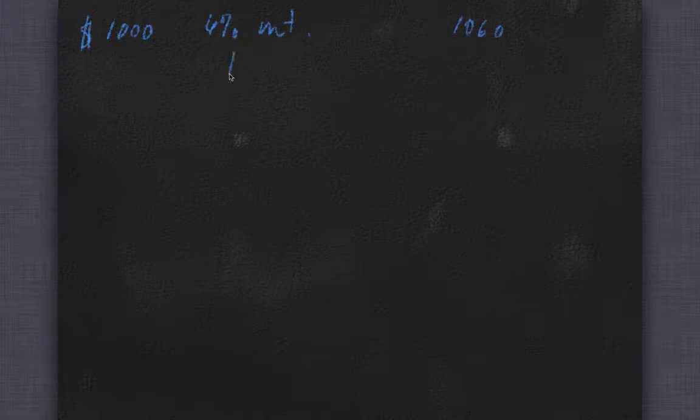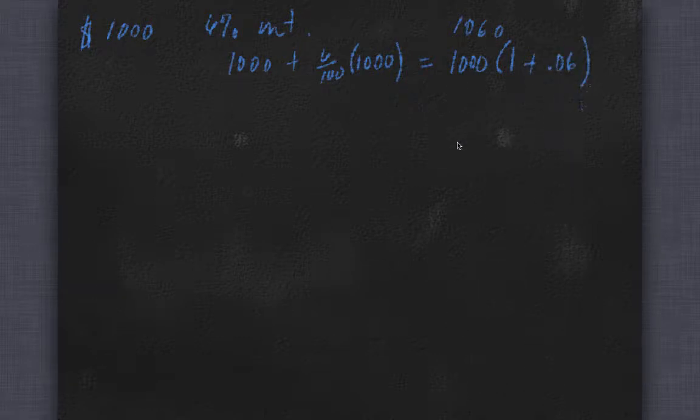But the way we get that is that we have our 1,000 and we add to that 6% of 1,000. So we get 1,000 times 1 plus 6%. Okay? And if I were to do this again, so I leave it for another year, I would take my 1,060 plus 6% of my 1,060.